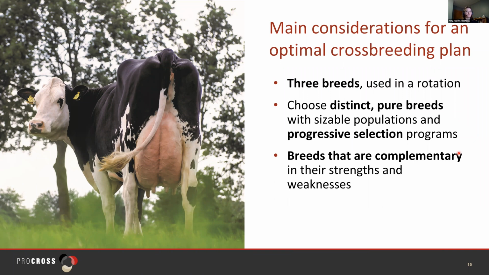We want breeds then also that are complementary in their strengths and weaknesses. So if you pick 3 breeds that all focus in on the same traits, let's say you pick the 3 highest production breeds you can find. Well, that's awesome for production, and you'll probably achieve really great production. The problem is that today, profitability of herds is a lot more than just the milk check.